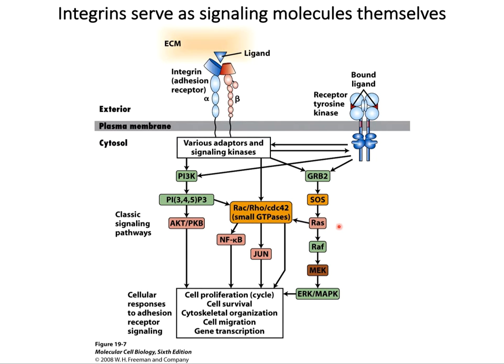RAS in turn activates RAF kinase. RAF kinase can then activate the MEK kinase, and then MEK kinase can activate the MAP kinase, which then goes to influence the transcription. Interestingly, integrins can activate the same pathway, and integrins can also activate other pathways as shown right here.